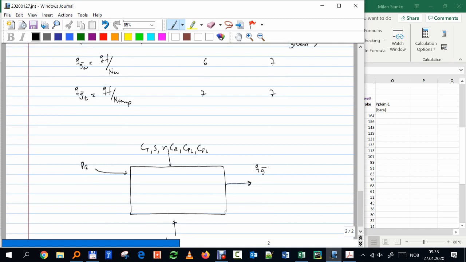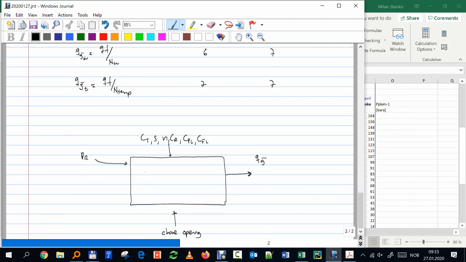But I'm saying that you can think of that as a function, a well plus network model, where you provide all of that system input. Also, you should give number of wells, number of templates.